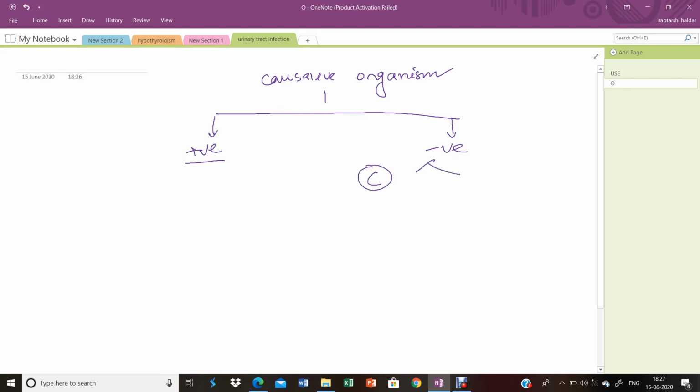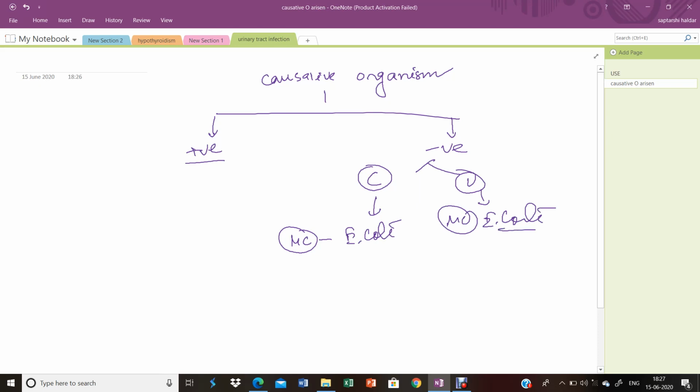Within negative, complicated and uncomplicated. In complicated, the most common is E. coli. In uncomplicated, the most common is E. coli. They also include Pseudomonas and Enterobacter.